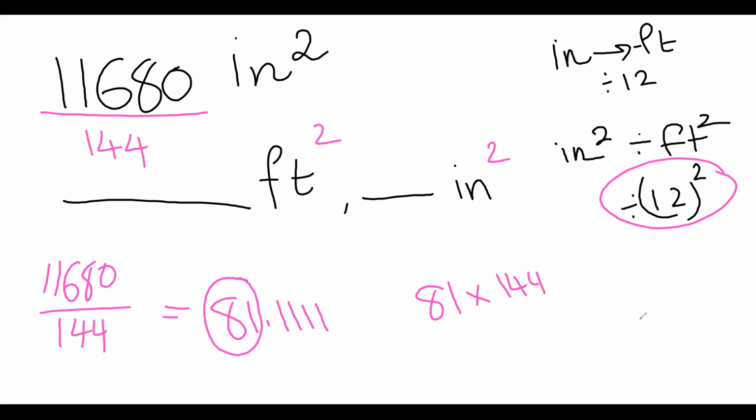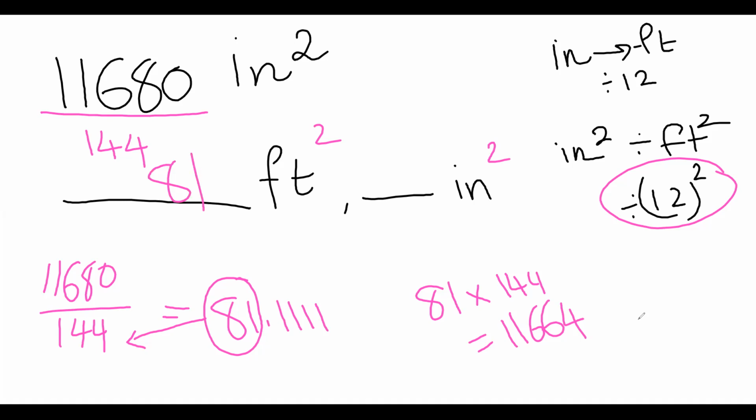If you divide 11,680 by 144, you will get 81.1111, etc. Take 81 and multiply it by 144. The answer is 11,664. So this number, 81, write it here as 81 feet squared.